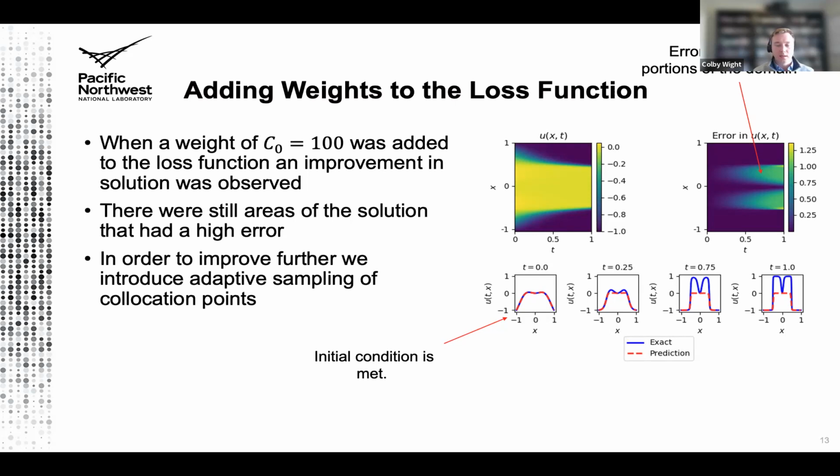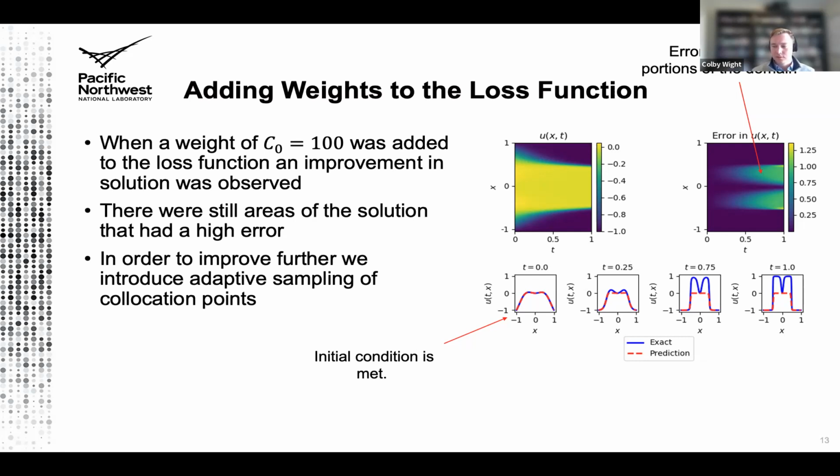When we added a constant C0 equals 100, we find that the solution was now being learned well at that initial condition. And it was doing better across some parts of the domain, but there were other parts of the domain that we were still having a hard time learning. And with these phase-field equations, this hard transition from -1 to 1, it wasn't getting quite all the way up there to 1.